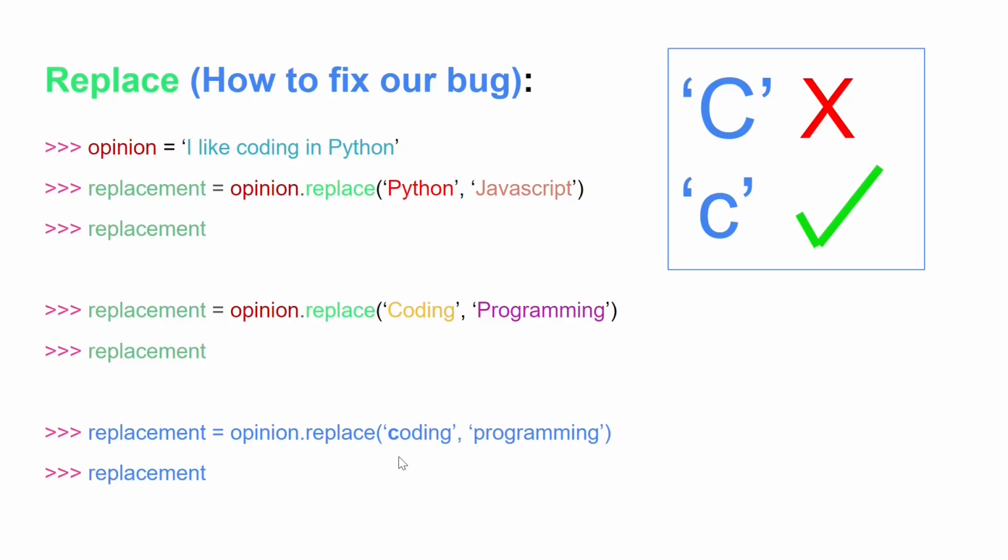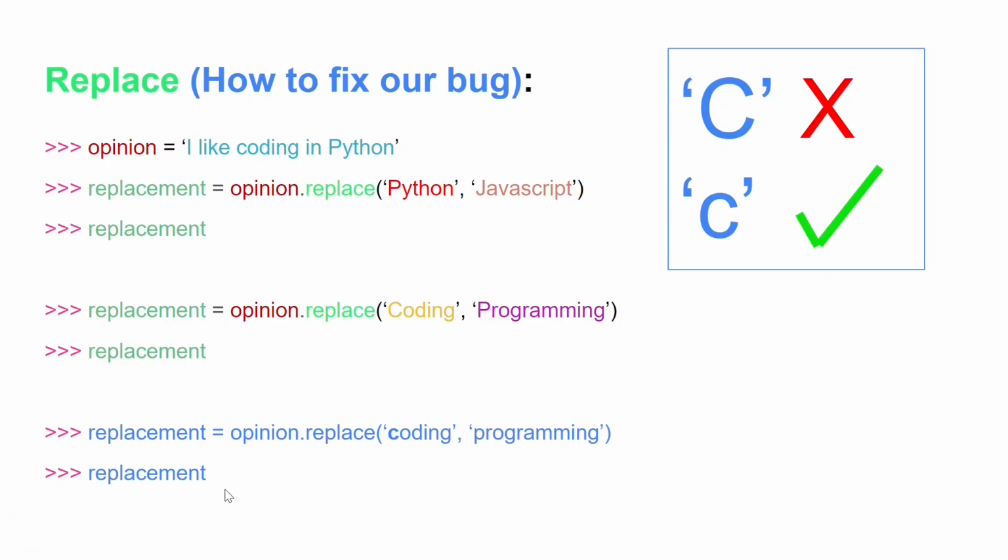So you have to remember that Python is case sensitive and could easily get confused with lowercase and capital letters. So coding with a lowercase c is different to coding with an uppercase C. And here we are printing a variable out.